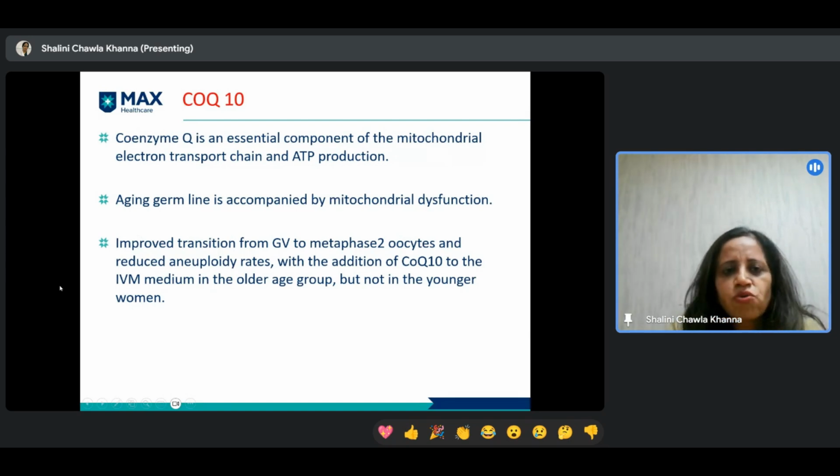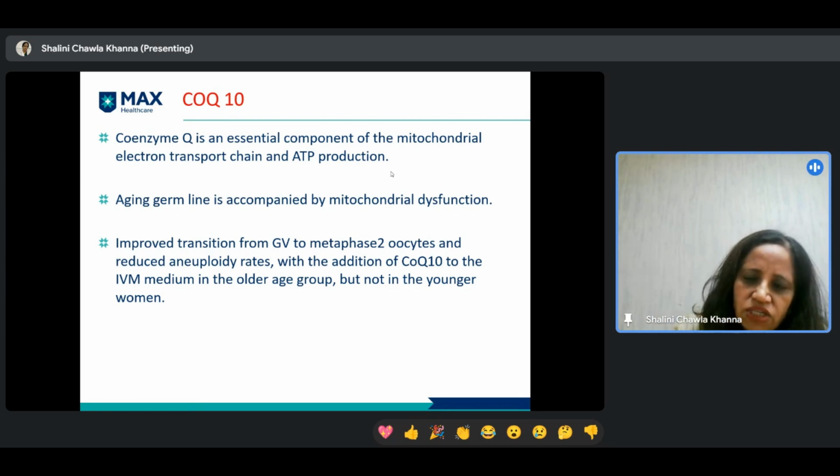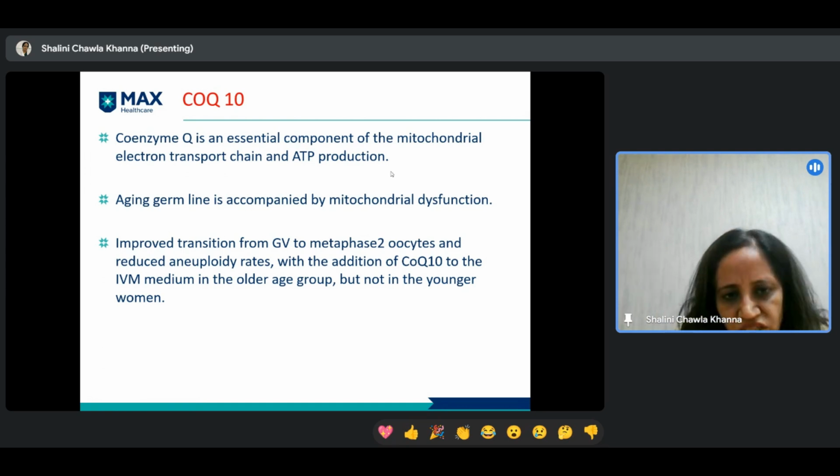What is the role of CoQ enzyme? CoQ enzyme is an essential component of the mitochondrial electron transport chain and hence ATP production. Now, what happens as the woman ages, mitochondrial dysfunction is there. Once the mitochondrial dysfunction is there, enough ATP production is not there.